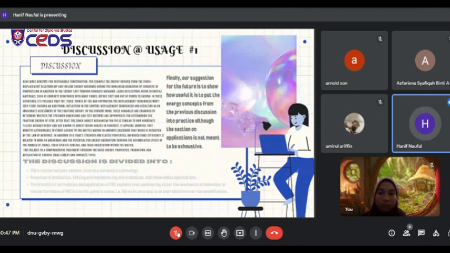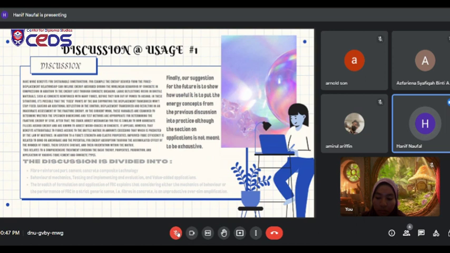This relates to a comprehensive treatment covering the basic theory, properties, production, and application of various fiber, cement, and concrete types. Finally, our suggestion for the future is to show how useful it is to put the energy concept from the previous discussion into practice. Although the section and application is not meant to be exhaustive.